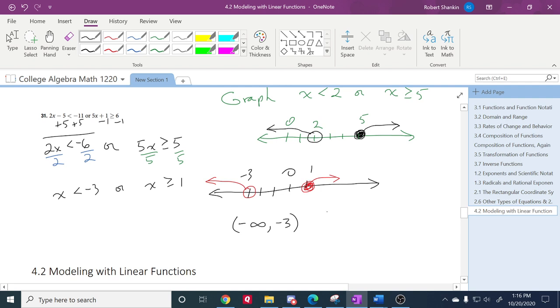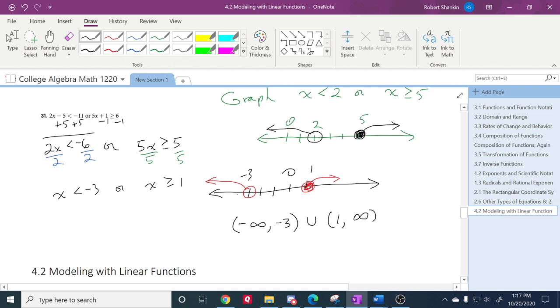and then 1 to far right as possible. Keep going. You never get to infinity, that's why we don't put a bracket there. Always parenthesis around infinity or negative infinity. And you can put the word or in between these, but you'll see U for union.